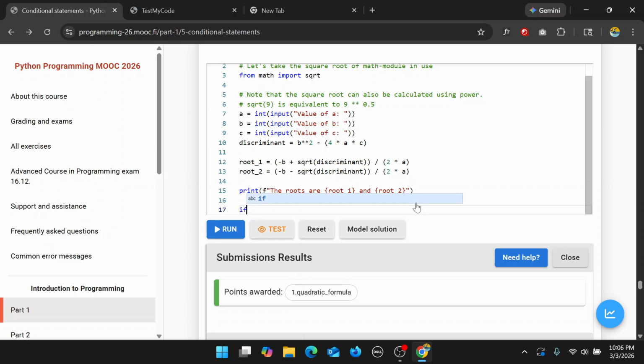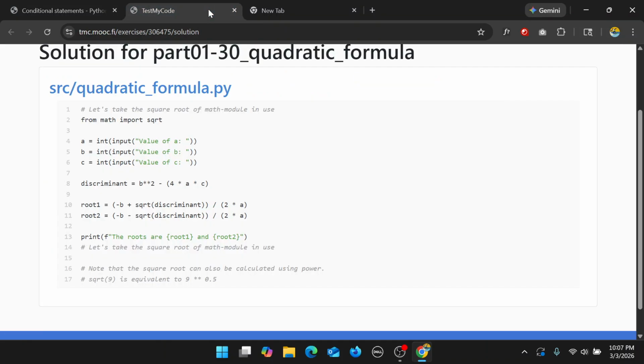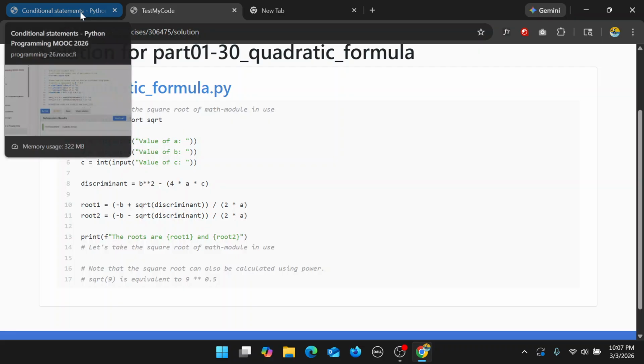So you could add a conditional if the discriminant is less than 0 or something like that, then just return there are no roots. But this works. So our work here works, and it's virtually the same solution that the instructors recommended.